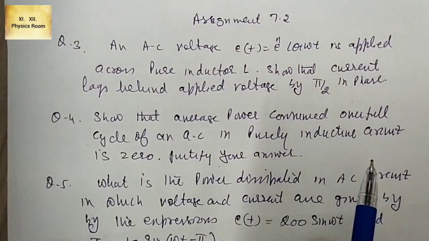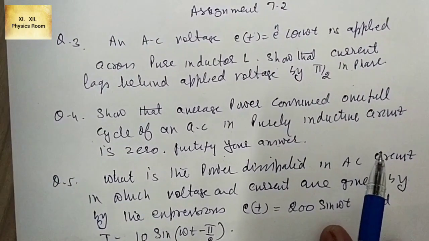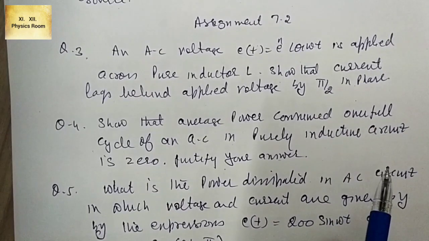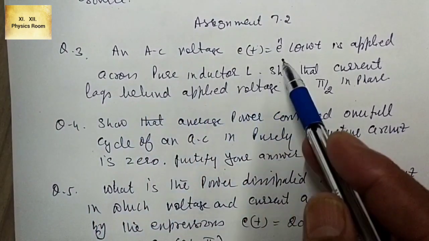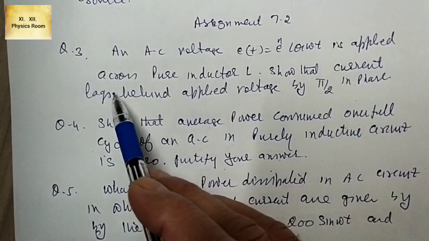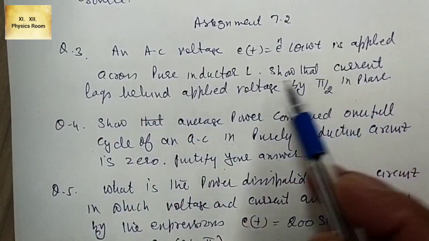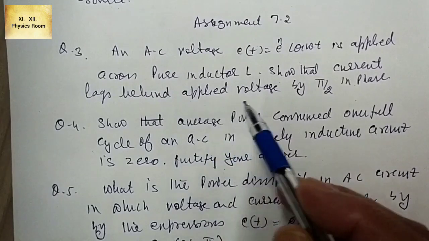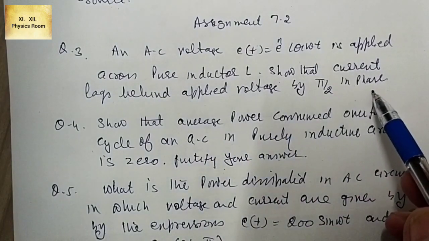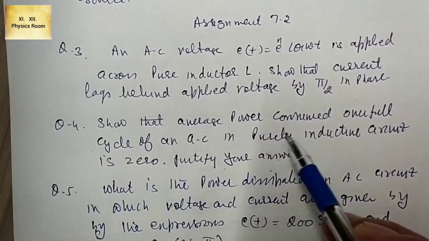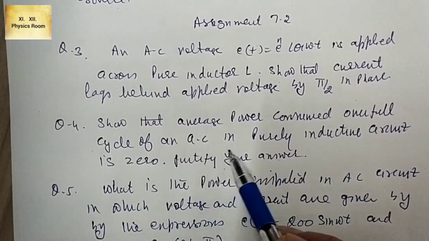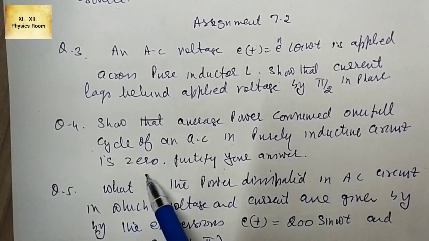Now assignment 7.2. Question number 3: an AC voltage E(t) is equal to Emax cos omega t is applied across a pure inductor L, so that current lags behind applied voltage by pi by 2 in phase. Question number 4: show that average power consumed over full cycle of an AC in purely inductive circuit is 0.